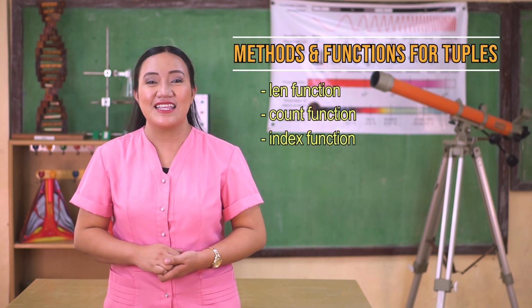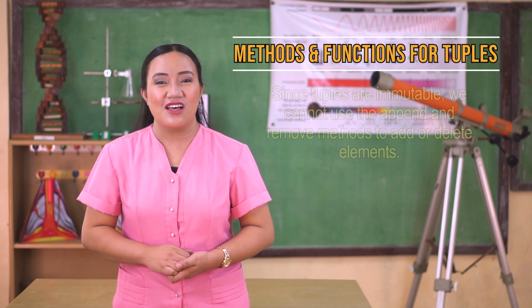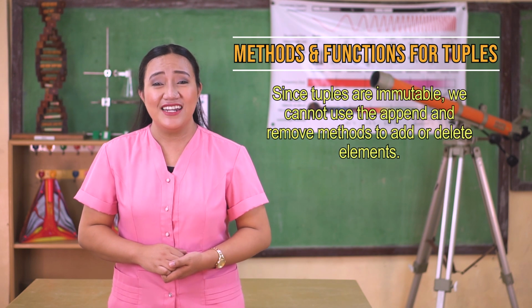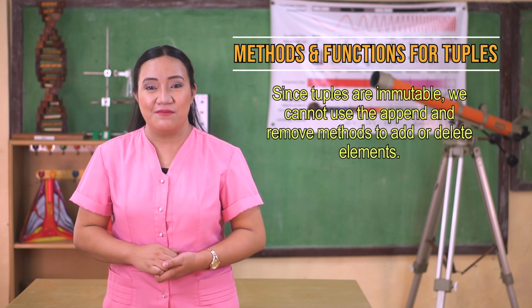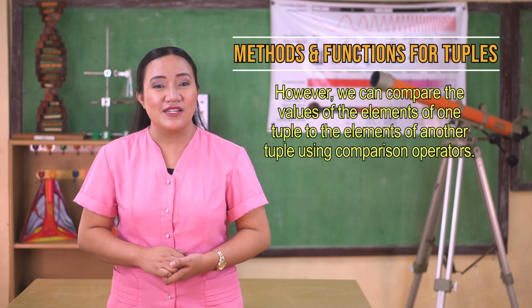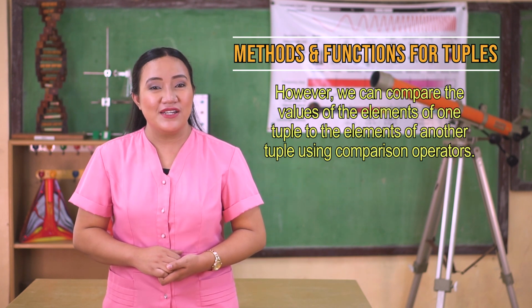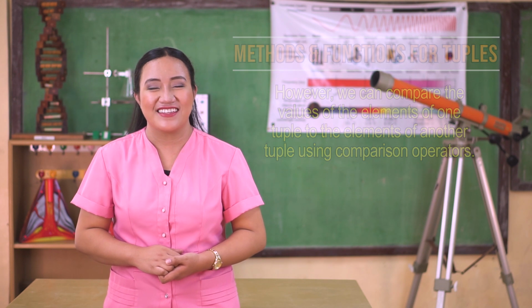We also demonstrated methods and functions that can or cannot be used in tuple creation. Since tuples are immutable, we cannot use the append and remove methods to add or delete elements. However, we can compare the values of the elements of one tuple to the elements of another tuple using comparison operators.